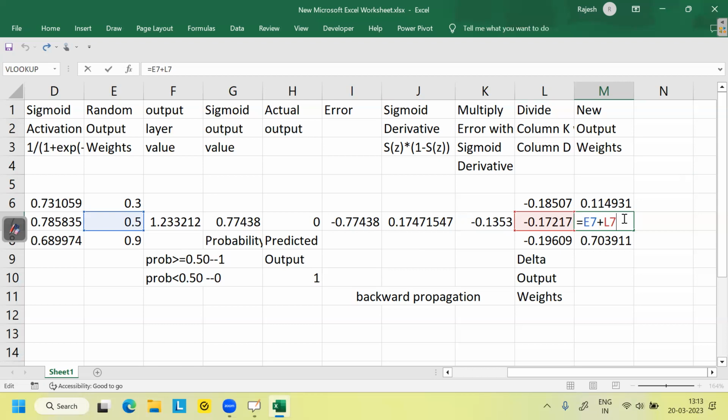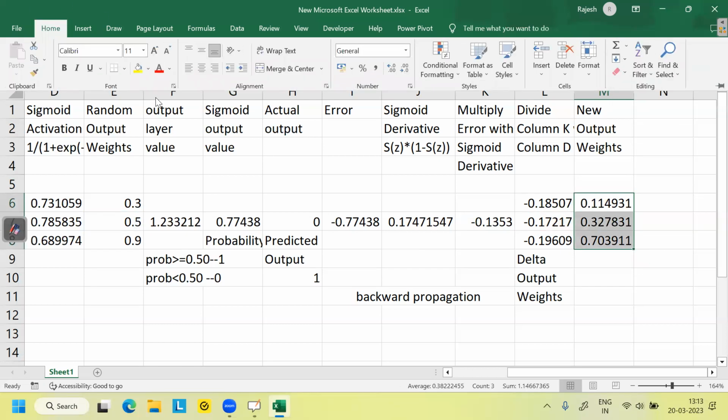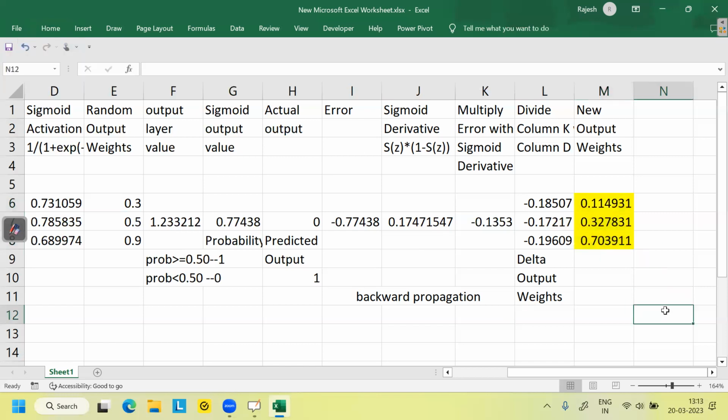Okay, so we have done the new output weights. These are the new output weights, which will be replaced in the next iteration.